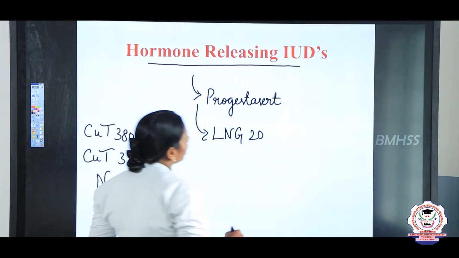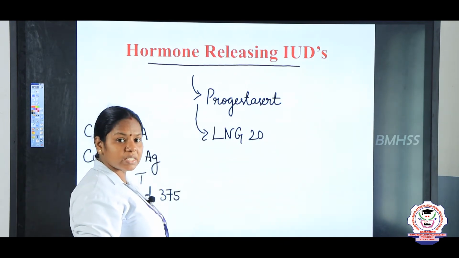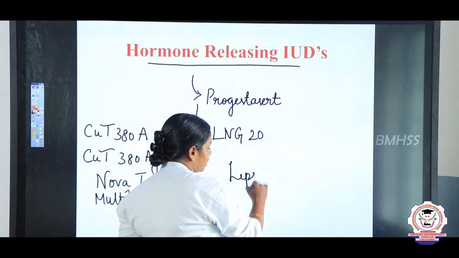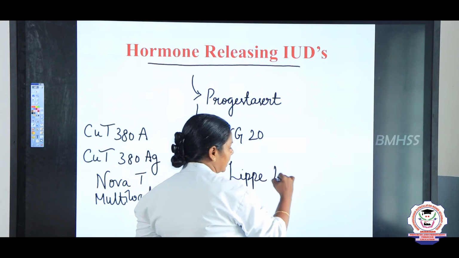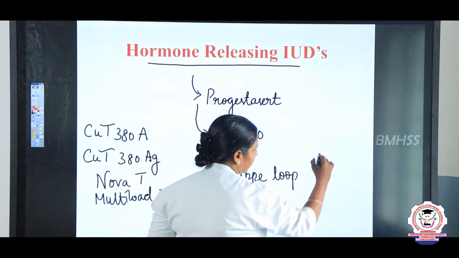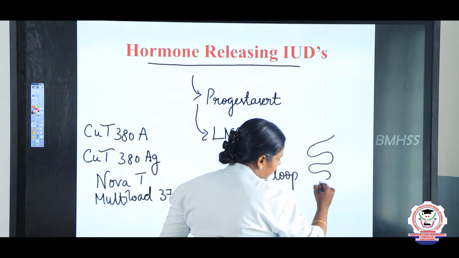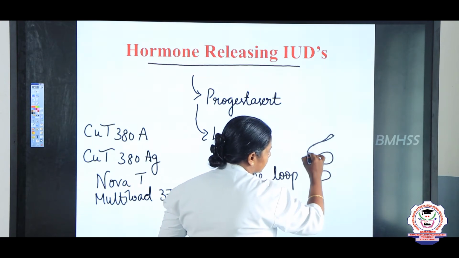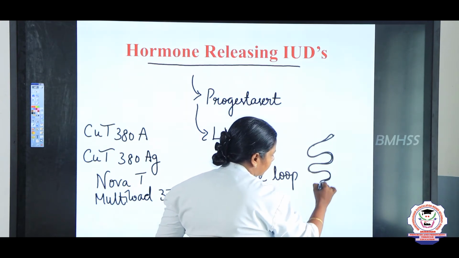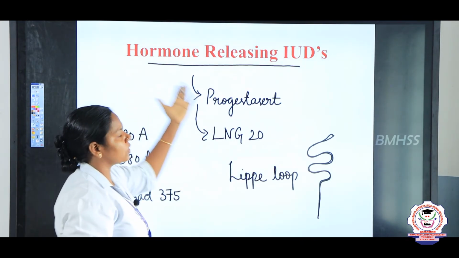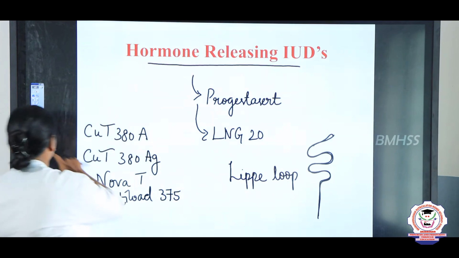Apart from this, the non-medicated IUD is the Lippes loop. Yes, we studied a double S-shaped device like this, which is inserted into the female to prevent the entry of sperms. So, these are all the IUDs.